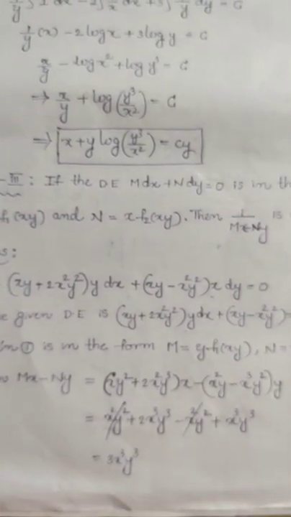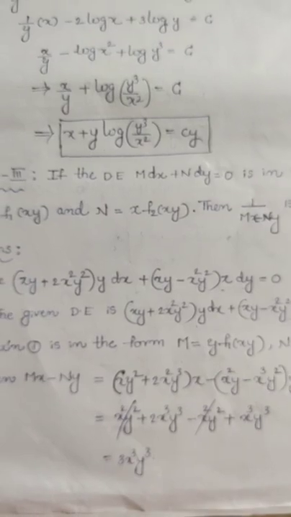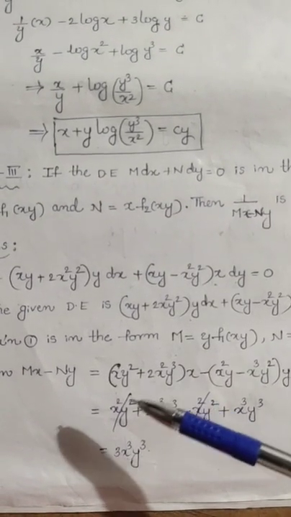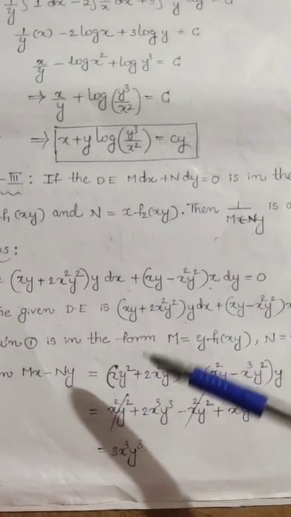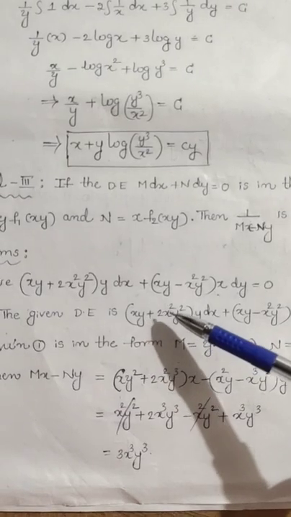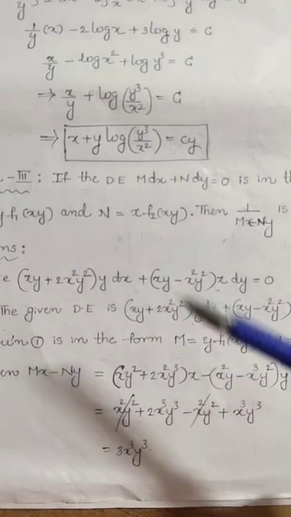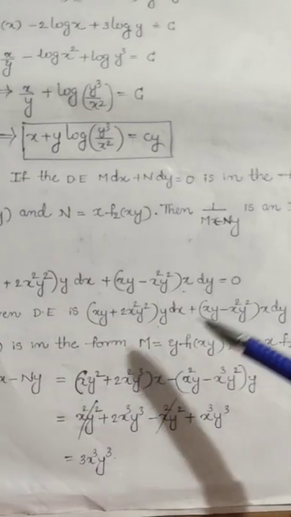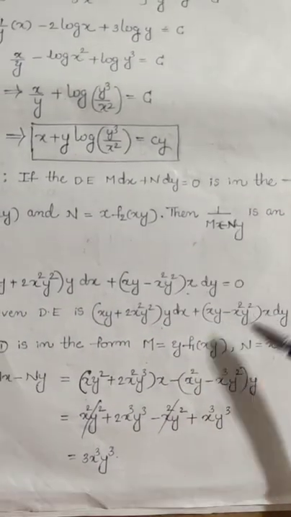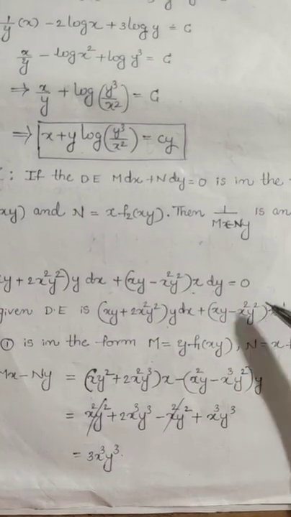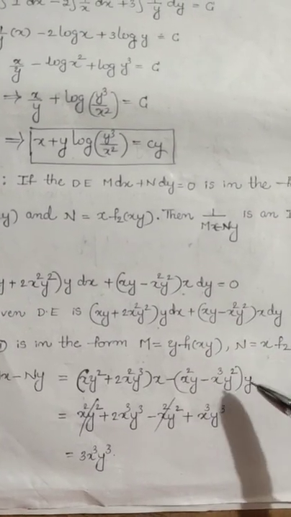Then we have to find the value of Mx minus Ny. Mx minus Ny equals (xy plus 2x square y square) y into x, minus (xy minus x square y square) x into y.